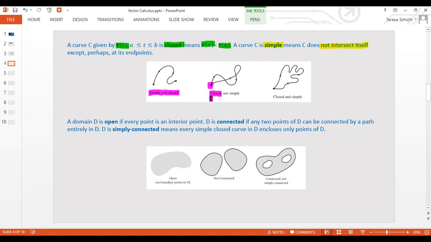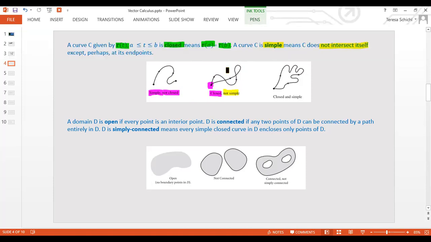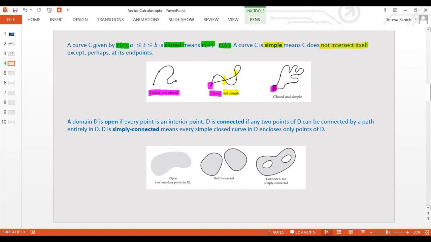So this is closed, but it's not simple, because it touches itself here. And for this one, the initial point meets the end point and the curve doesn't touch itself, so it's closed and simple.